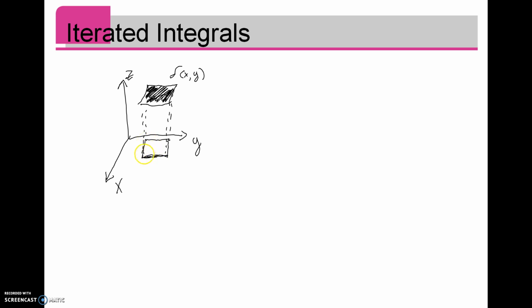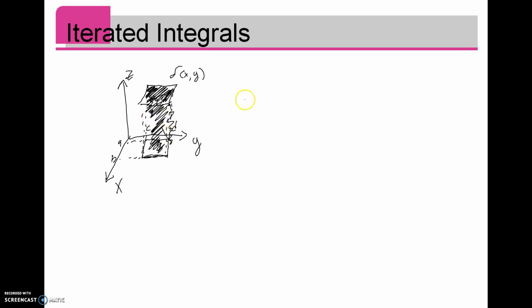which will be between, we'll say, A to B here, and then C to D there on the y. So we want to find the volume of this solid here, right?